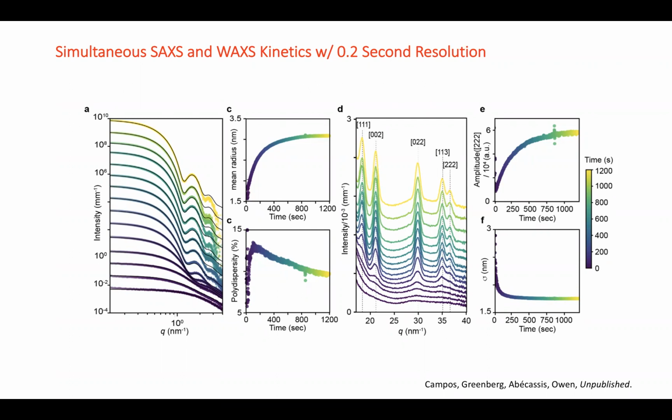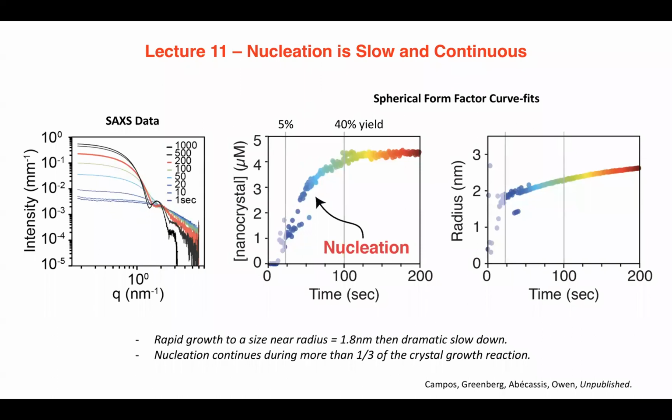All right, so here's an example of data now where we've taken all of these curves. Again, they're getting larger, so the Guinier region is sort of shrinking. And then we fit each of those wiggles to extract the radius of our particle over time. And then because we know the intensity is related to the yield and we know the radius, we calculate how many crystals are present in the solution at any given time.